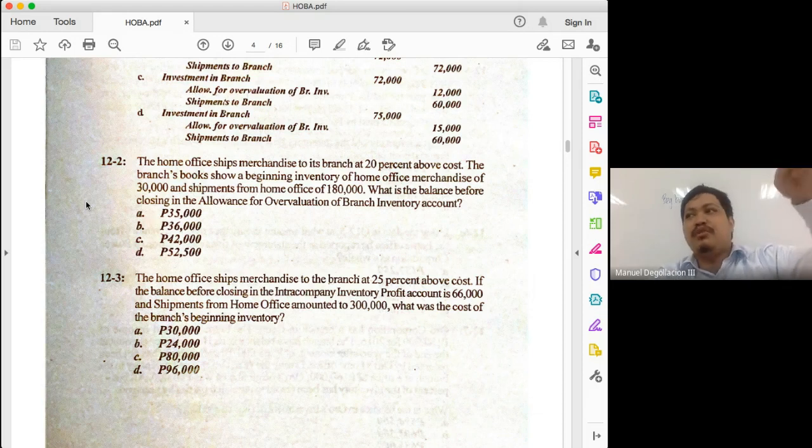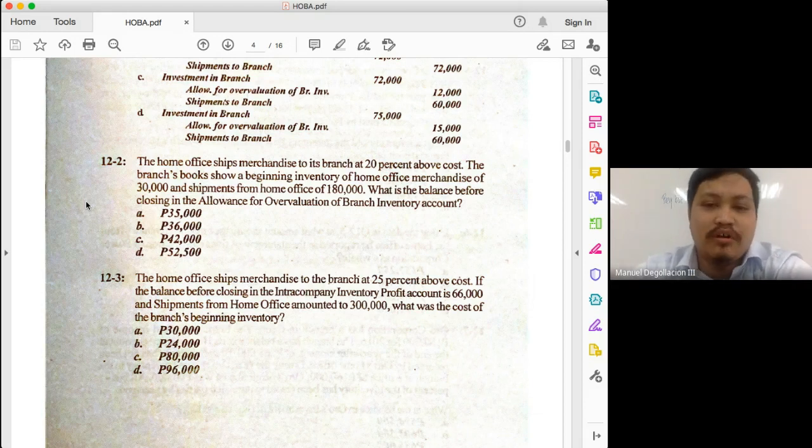The increases during the year represents the markup on the shipments during the year. The ending balance of the allowance account represents the markup on the ending inventory. And then lastly, the deduction or the adjustment to the allowance account represents the markup on your cost of goods sold.